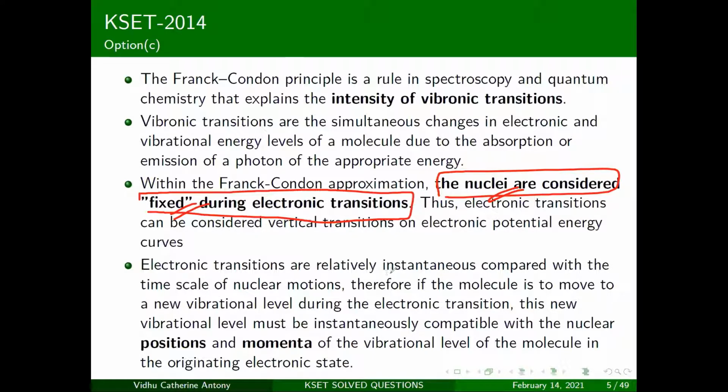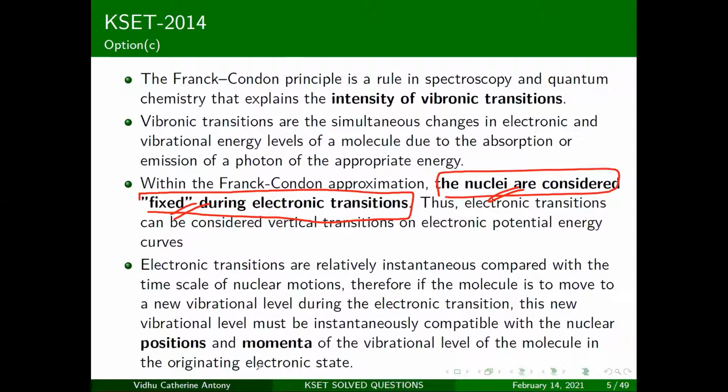Electronic transitions are relatively instantaneous compared with the time scale of nuclear motions. Therefore, if the molecule is to move to a new vibrational level during the electronic transition, this new vibrational level must be instantaneously compatible with the nuclear position and momenta of the vibrational level of the molecule in the originating electronic state.